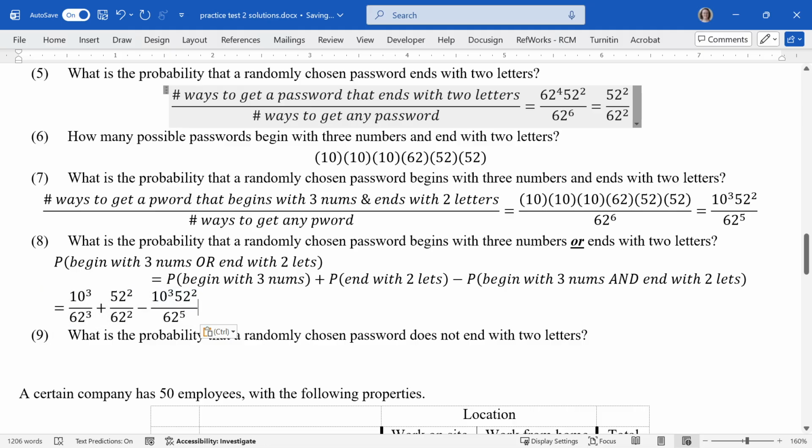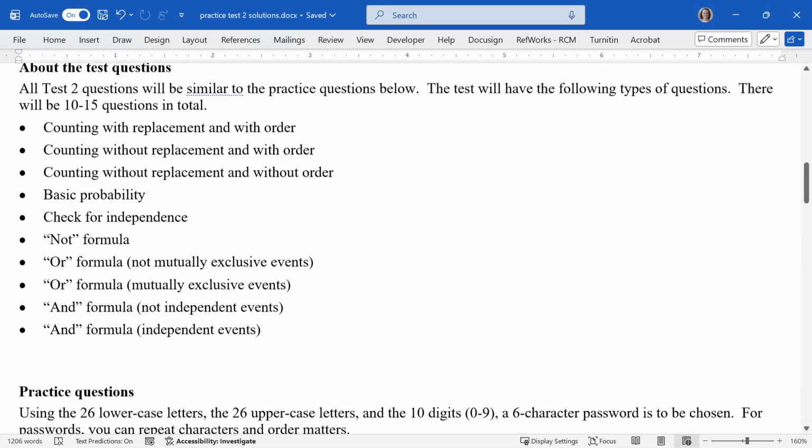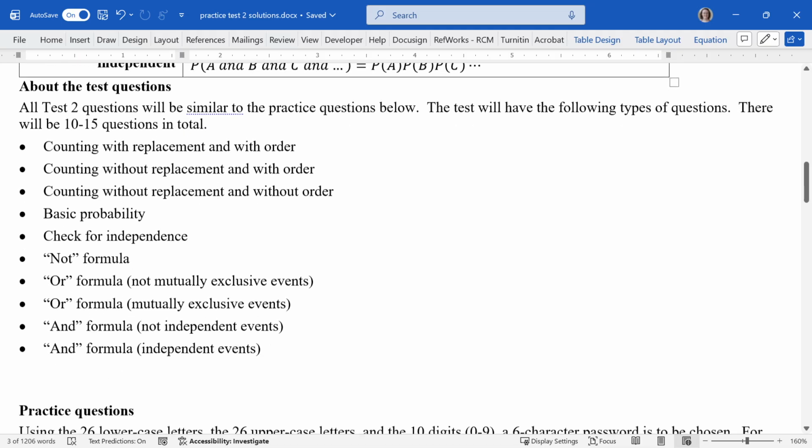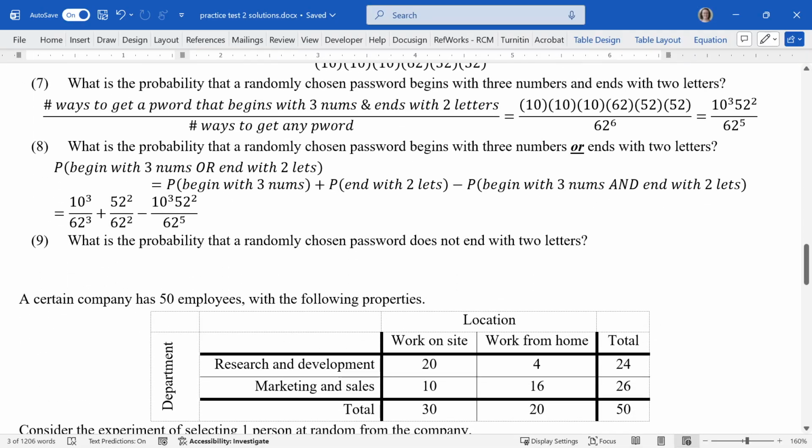Last one in this section, what is the probability that a randomly chosen password does not end with 2 letters? So for this, we can use the not formula for probability again. It's this one. Probability that an event does not happen is 1 or 100% minus the probability that it does happen. That's what the 1 means.